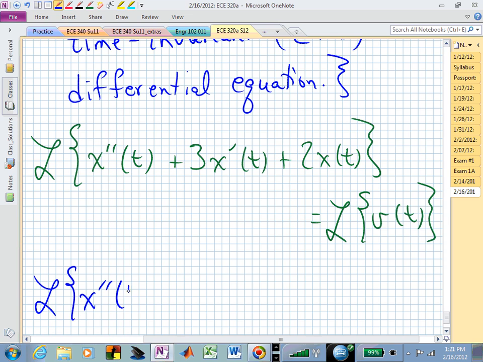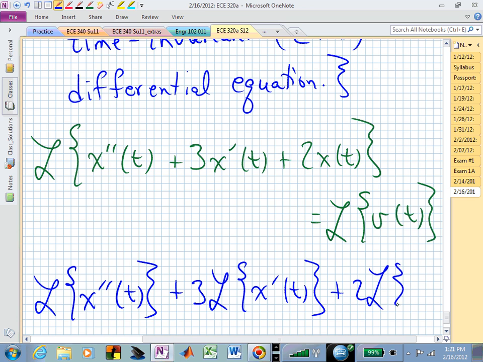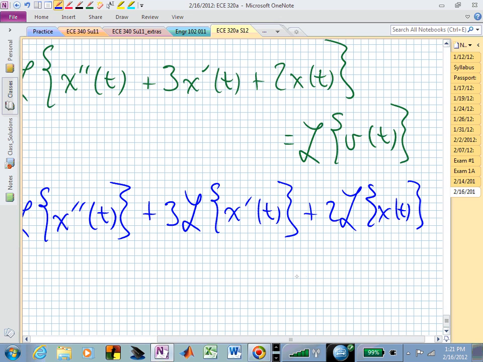I just need to Laplace transform the second derivative of x, then scale the Laplace transform of x prime, and scale the Laplace transform of x, and that's going to equal, by definition of the Laplace transform, its capital V of s. Is everyone okay with that?